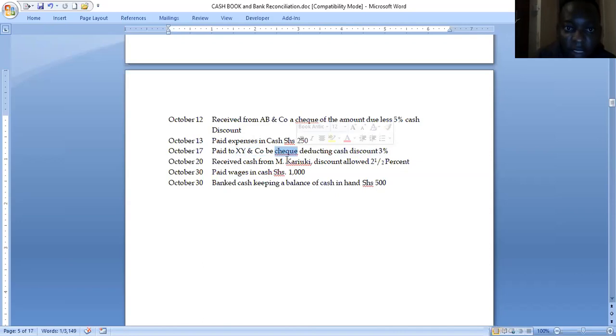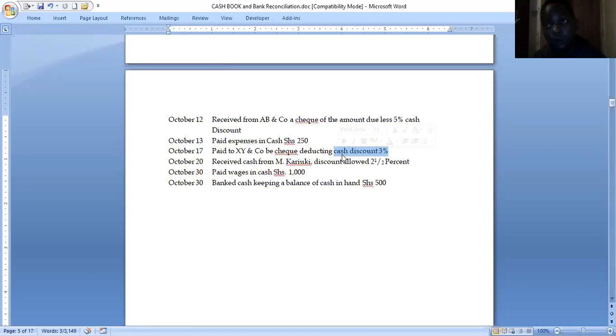So our bank account is decreasing, therefore credit bank account, and then we have received a discount of 3%. We are paying less. It's a gain to us. We treat it as a revenue. So therefore, this will go to the discount received account. The discount received is a revenue, and whenever a revenue is increasing, we're supposed to credit.